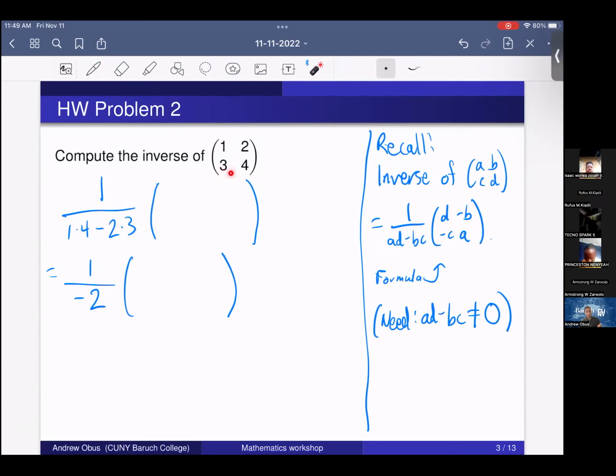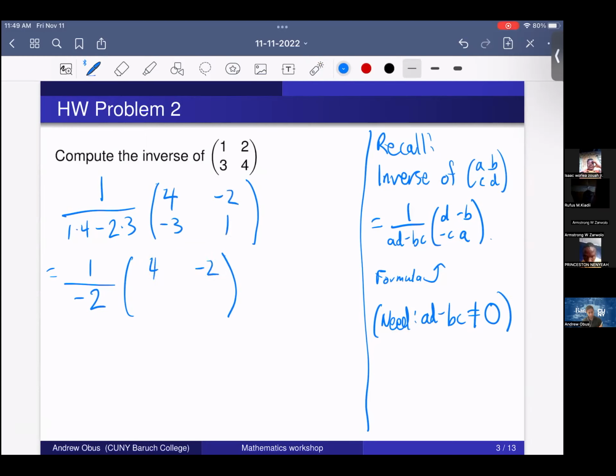So if we're starting with 1, 2, 3, 4, what's the new matrix that we do here? Yes. We said 1 was -2. Onto 4, -2, -3, 1. Great. Perfect.